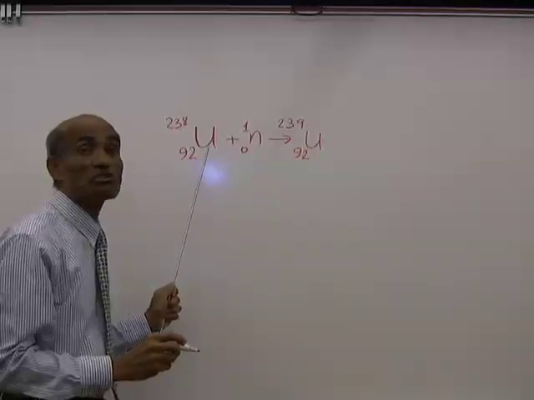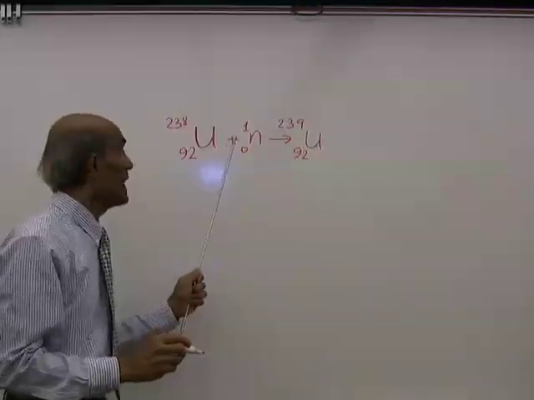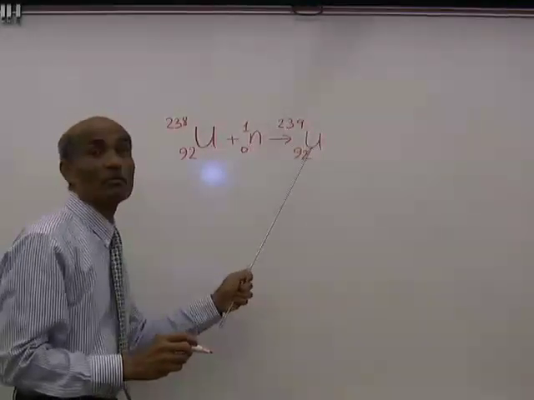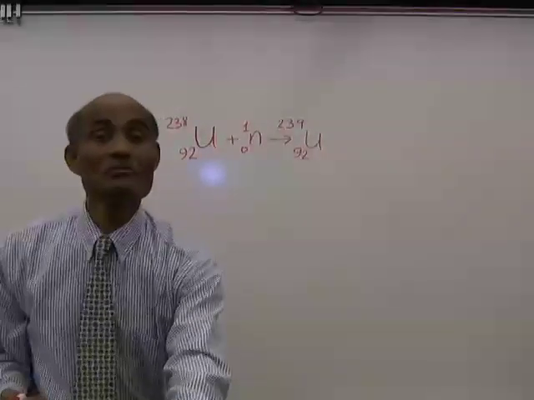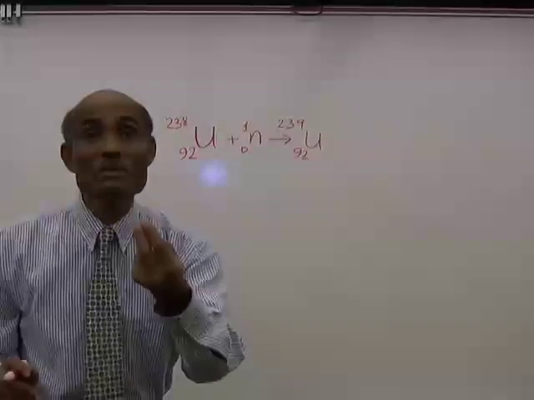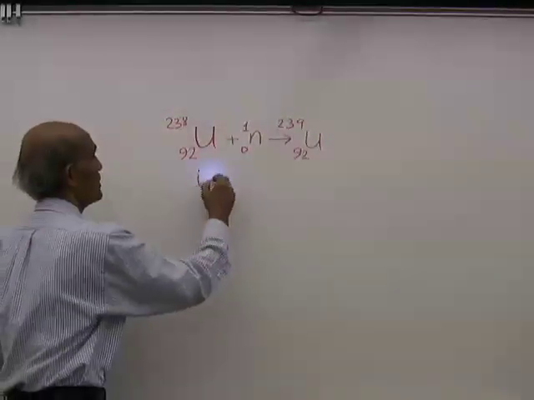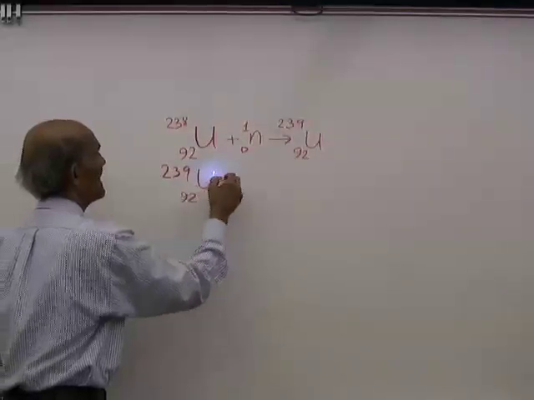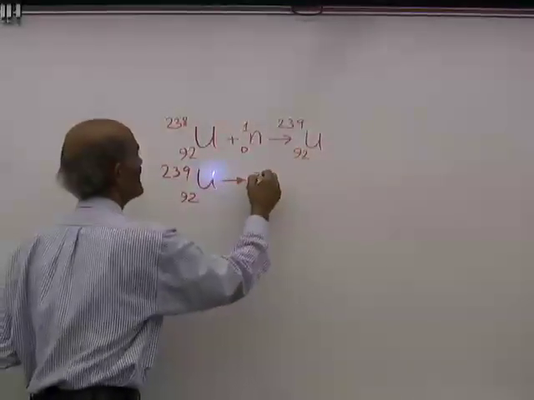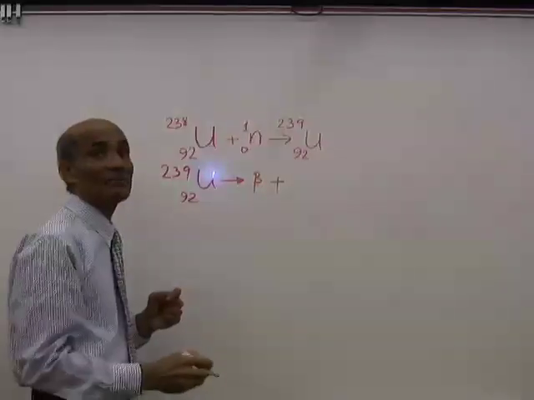Uranium-92-238, a non-fissionable isotope of uranium, absorbs a neutron, becomes uranium-239. And uranium-239 emits a beta. What happens? Uranium-239 emits a beta. What is the resulting element?